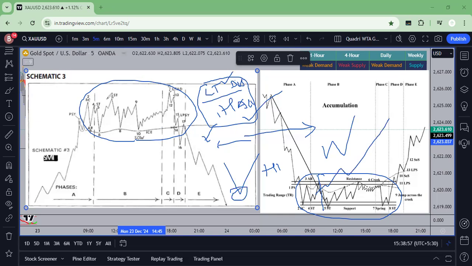Or you are in a phase A or halfway through phase B, only one test is there, and then no upthrust, no spring, price is going upwards. Then how would you define this as an accumulation? And how would you define it if you are not getting any upthrust?